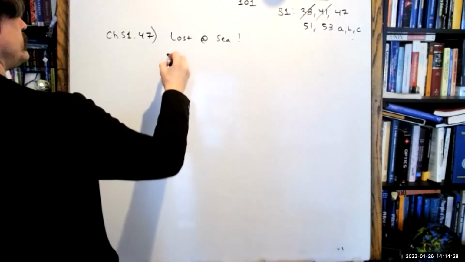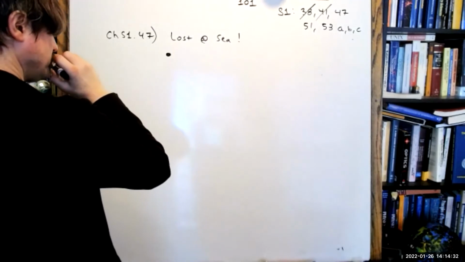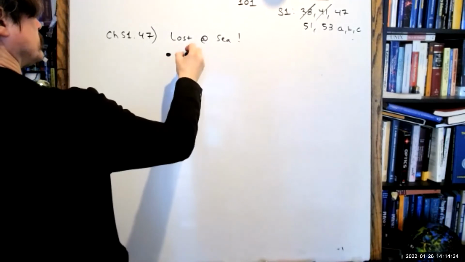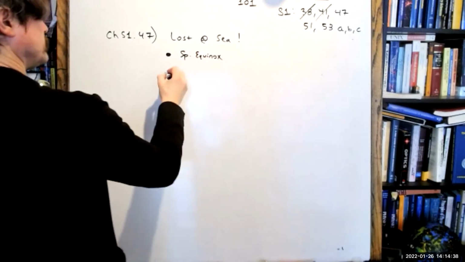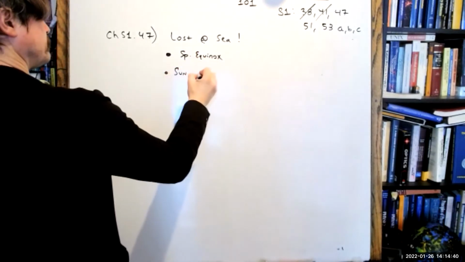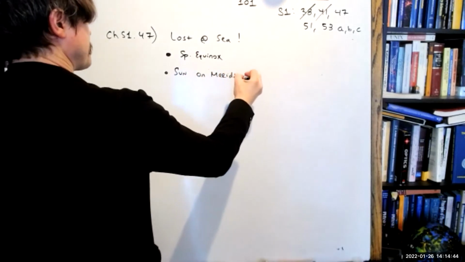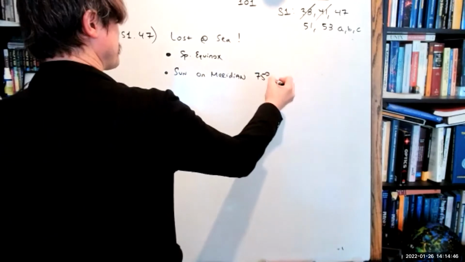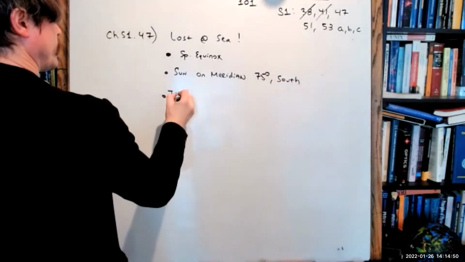You thereby put together the following description of your situation. It is the March equinox. The sun is on your meridian at altitude 75 degrees in the south. The UT clock reads 2200.